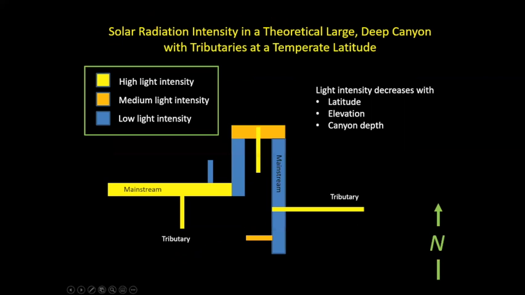So I put together a kind of theoretical large steep canyon here, and this is a river. It could be flowing either direction, doesn't matter. The mainstream are these wider bars. Tributaries coming in are the narrow bars. So portions of the mainstream that are flowing east-west receive the sun rising and setting, flooding that portion of the canyon with light.